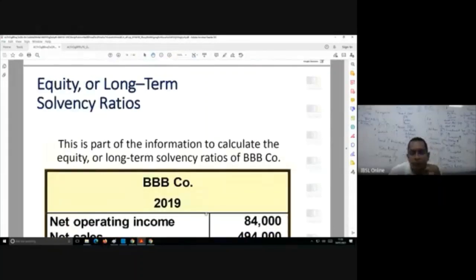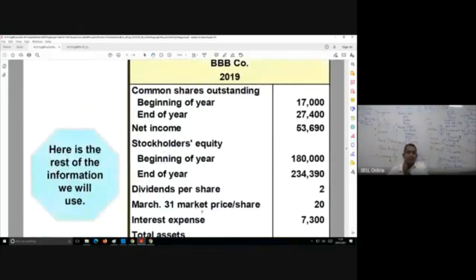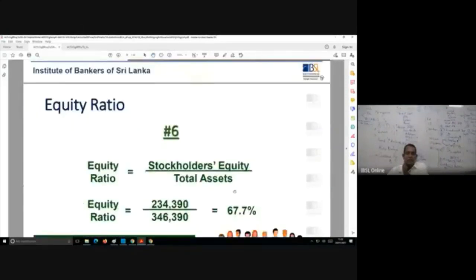Now we go to the equity part. Equity or long-term solvency, right? Net operating income, net sales, interest. This is the balance sheet side. The ratio is stockholders' equity to total assets.